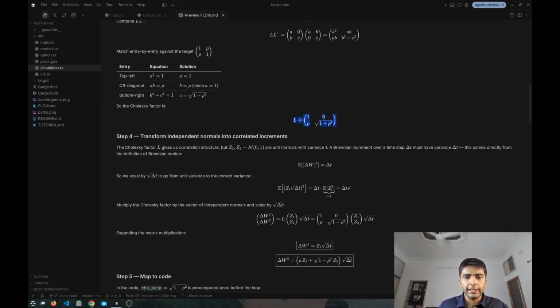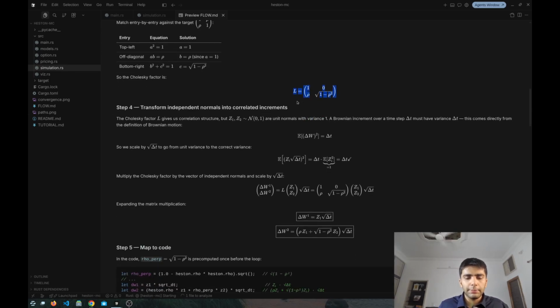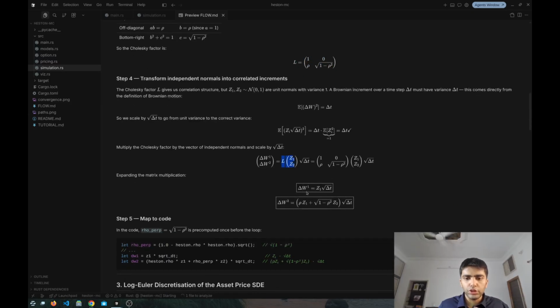Now we finally have our Cholesky decomposition factor, and if we matrix multiply it with those two independent distributions that we assumed in the beginning, z1 and z2, we get the final correlated Brownian motion. After multiplying, we get w1 equal to z1 times the square root of delta t, and we get w2 equal to this particular value here.